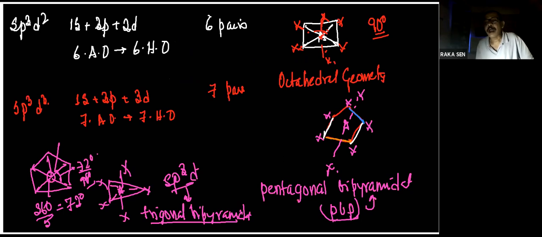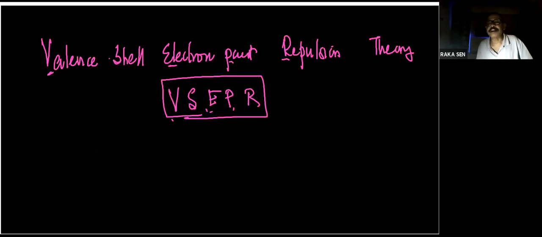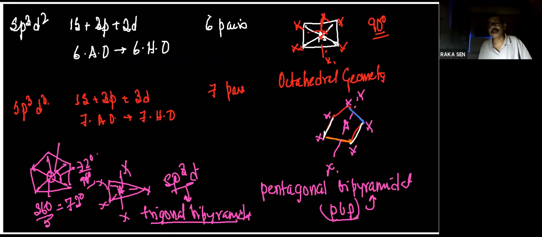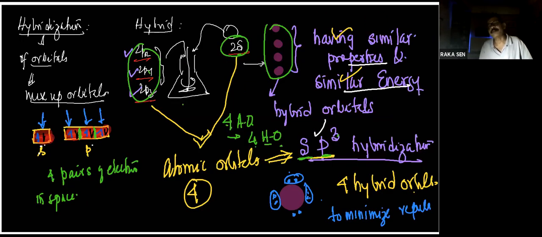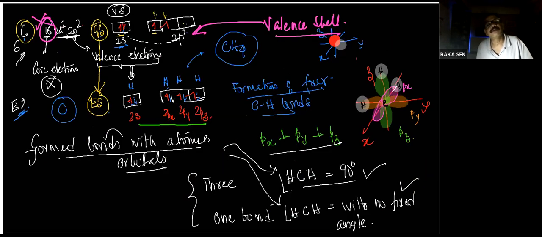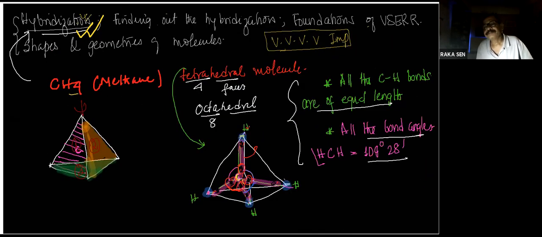Now, what I'm going to teach you. Let me summarize what I've done till now. I taught a lot today. These are all very interesting concepts, and I try to make them clear in as few words as possible. We talked about hybridization and how it came into the picture by taking the case of methane.